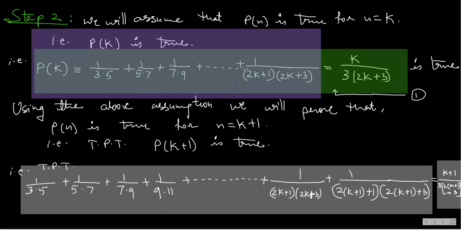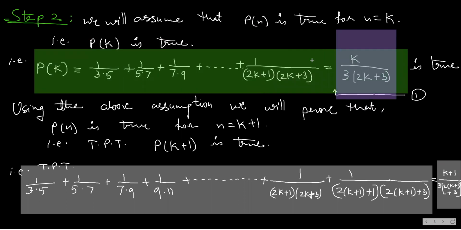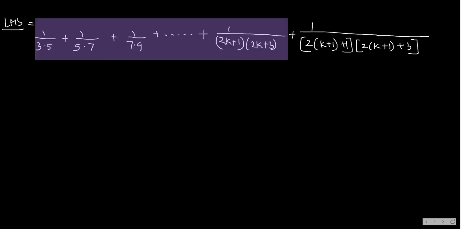For this, I will use the RHS. I'll write k by 3 into 2k plus 3. So here for this I write k upon 3 into 2k plus 3.